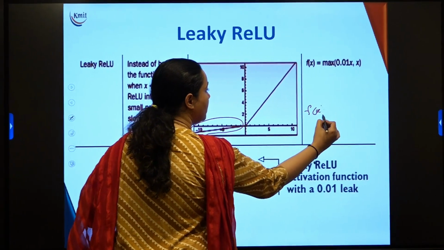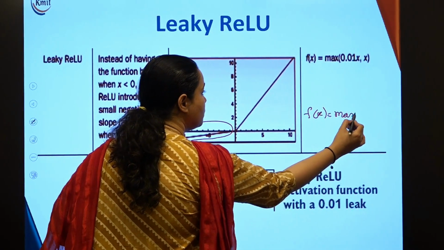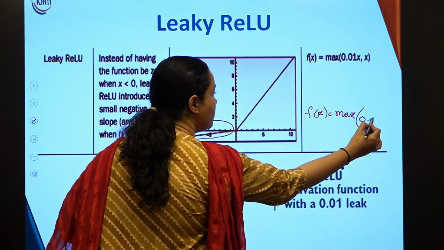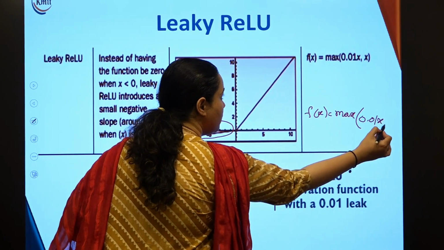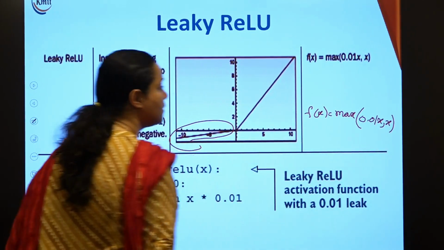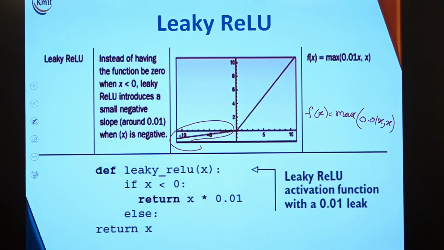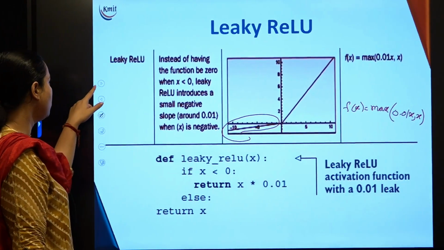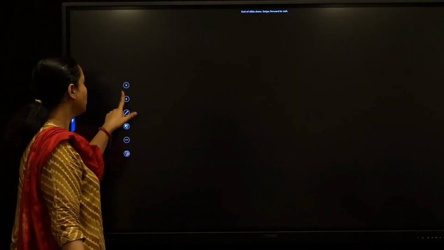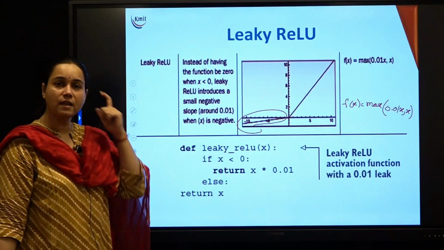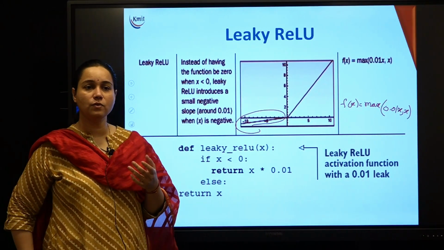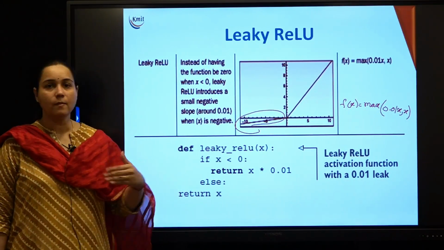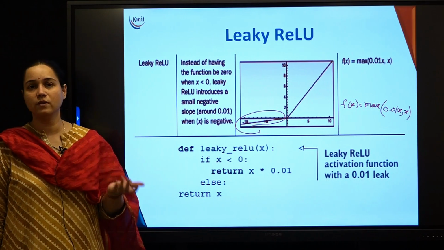Now we write f of x as, instead of max of 0 comma x, max of 0.01 times x comma x. That's how you get a very small value of output even if the input is less than 0. That was about Leaky ReLU. So this was about various types of activation functions and where and how to use them. Subsequently, when we move into the course, we are going to see their uses.